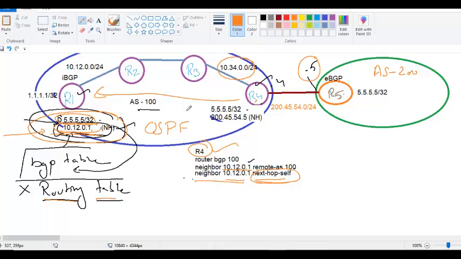All right, so router 1 can now have the route in the routing table to reach 5.5.5.5.